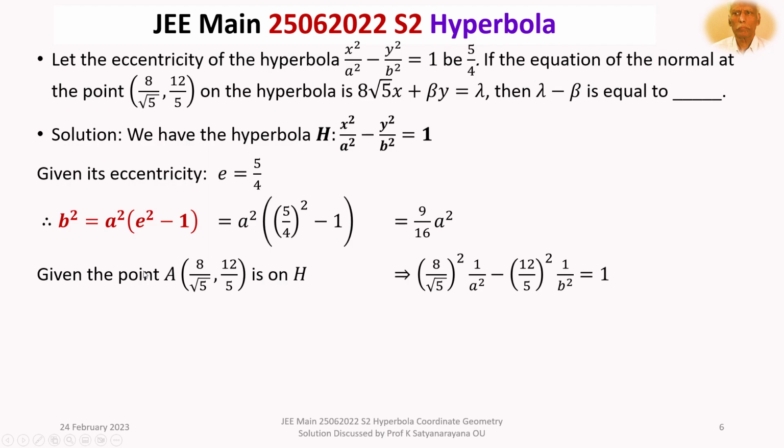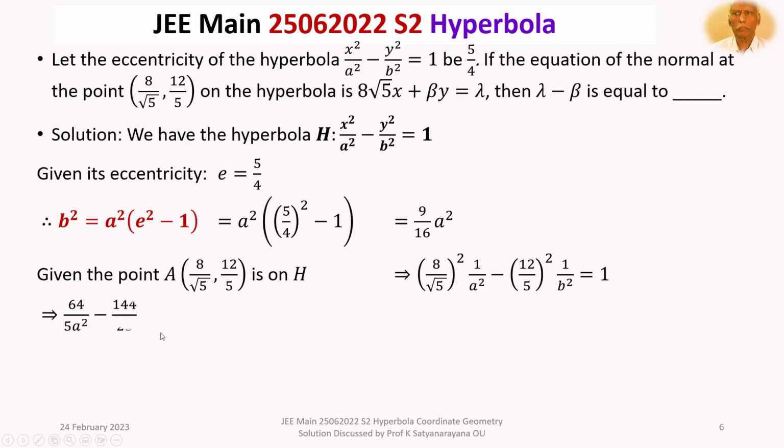It is given the point, let's call it capital A, whose coordinates are 8 by root 5, 12 by 5. It is given A is on H, therefore the coordinates of A must satisfy the equation of the hyperbola. So substituting in the equation of the hyperbola, for x 8 by root 5 and for y 12 by 5, we get this.